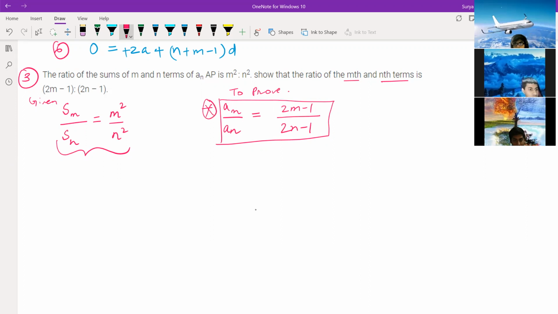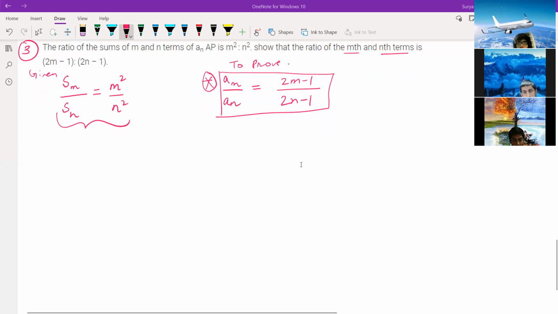All of you try once how to do this. The ratio of the sum of m and n terms of an AP is m square is to n square.